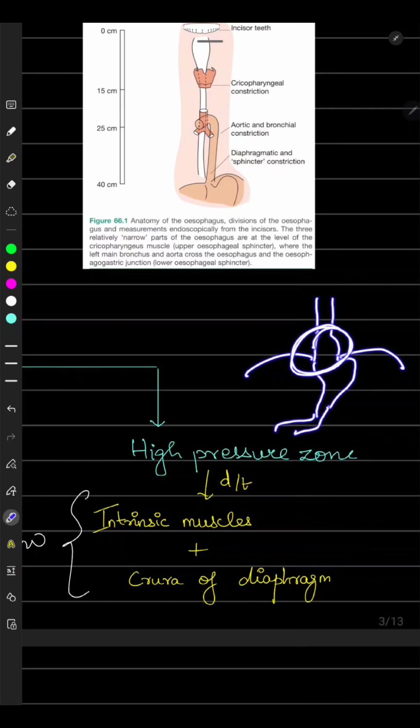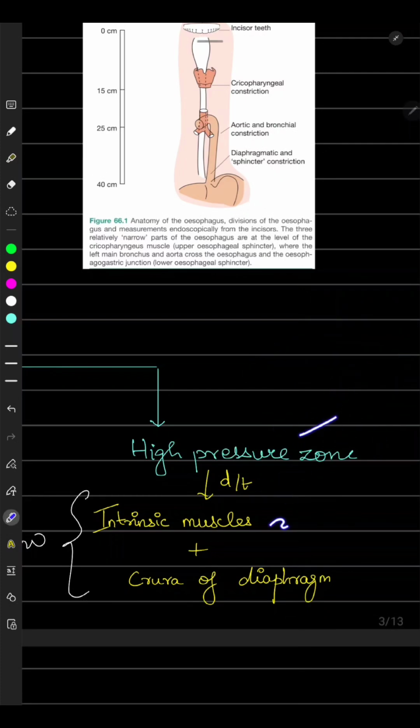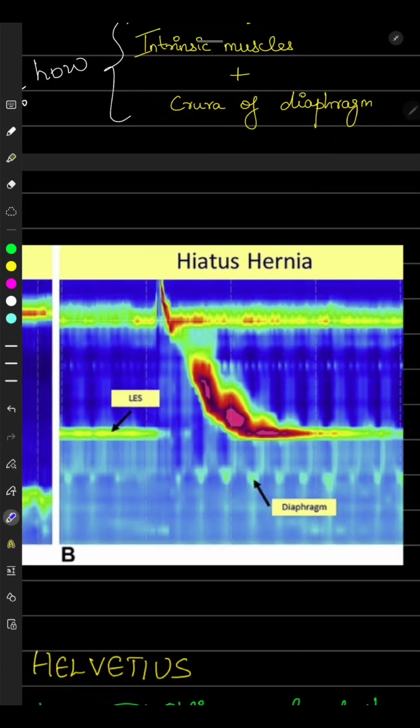So this portion is where there is a herniation. This is the esophagus. Earlier, the intrinsic muscle was contracting in the esophagus, and the crura is in the same place now. If I do a manometry, there will be two levels of pressure zones, one because of the crura and one because of the intrinsic muscle. That's how they discovered this high pressure zone was not only because of the intrinsic muscle but also because of the crura.